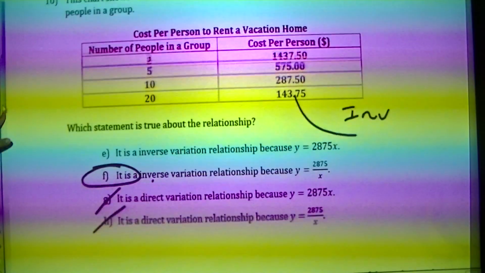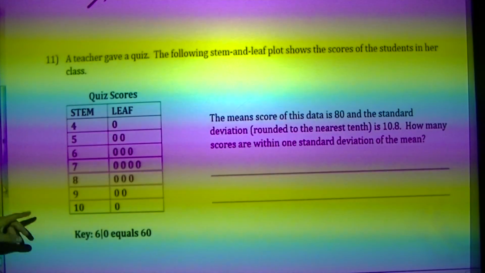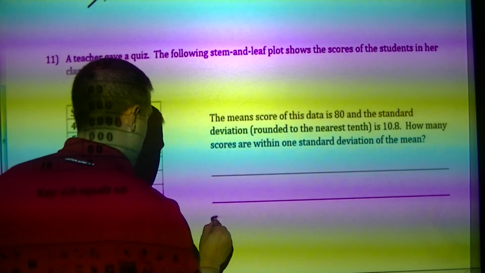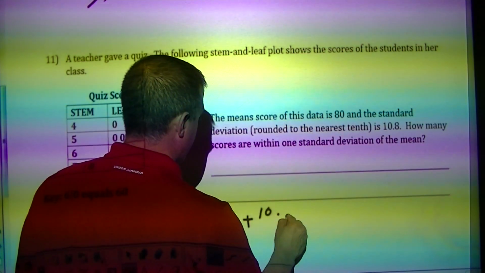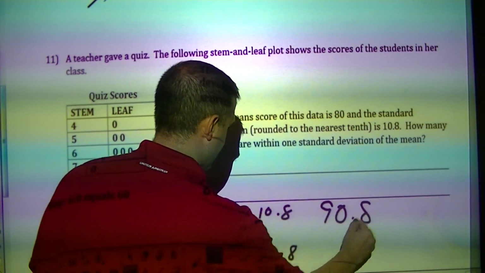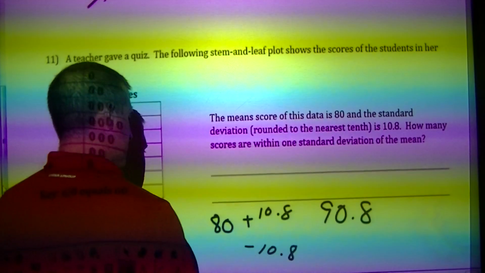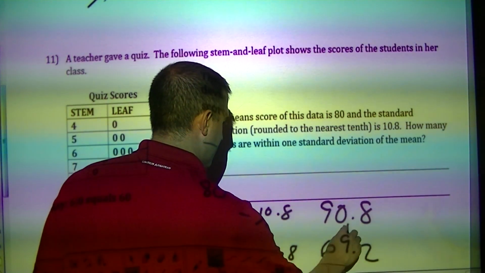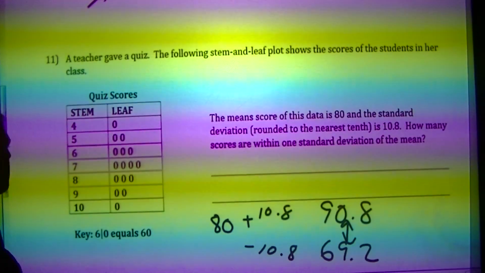This inverse, all right? The mean score is 80, the standard deviation is 10.8. So what I would do is add 10.8 this way and subtract it. So I got 90.8, and I believe that's going to be 69.2. So basically I'm looking for all the values between those.